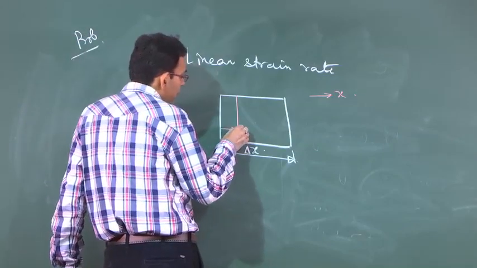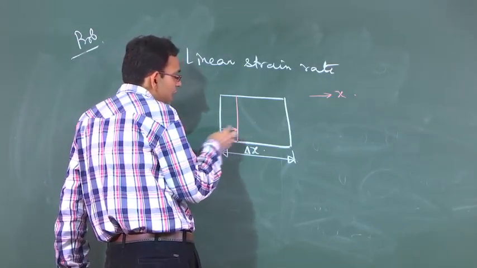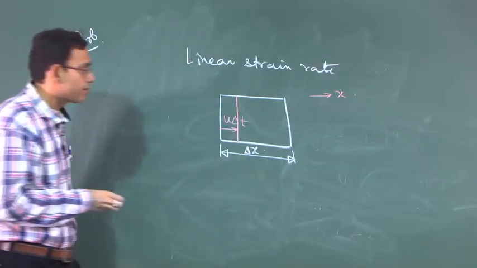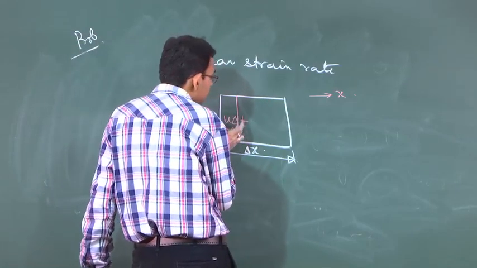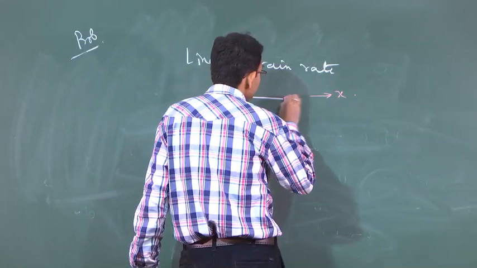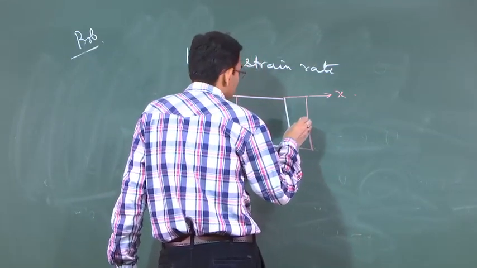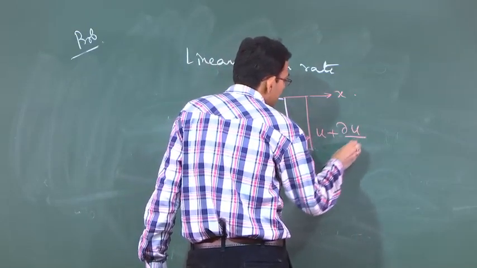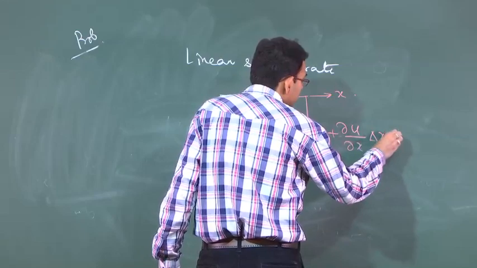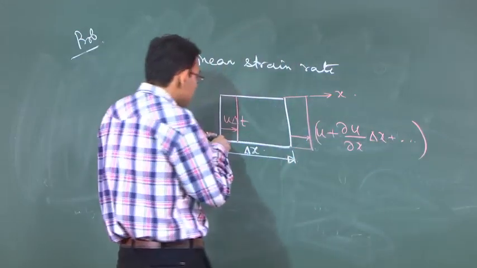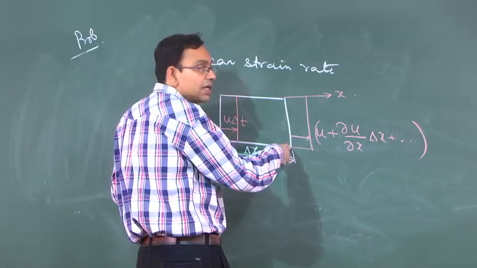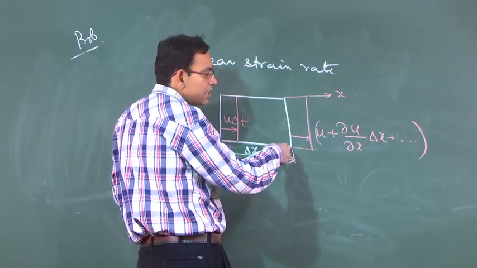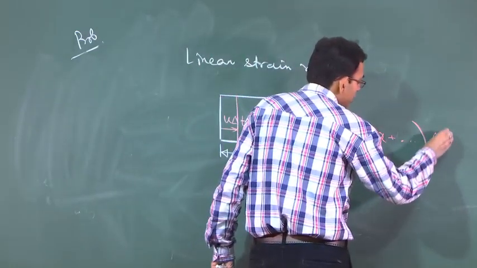Over a period of time delta t, this edge has moved by an amount u into delta t. U is the velocity component along x. If the velocity here is u, the velocity here is u plus del u del x into delta x plus higher order terms in the Taylor series. This is u at x, this is u at x plus delta x, because here x coordinate is x, here x coordinate is x plus delta x. So this into delta t.